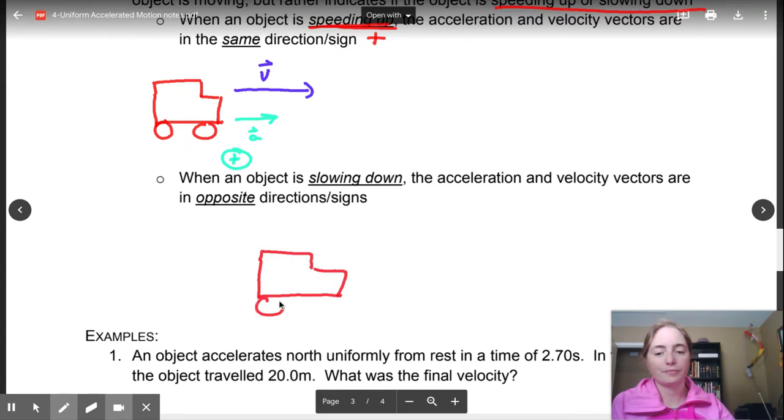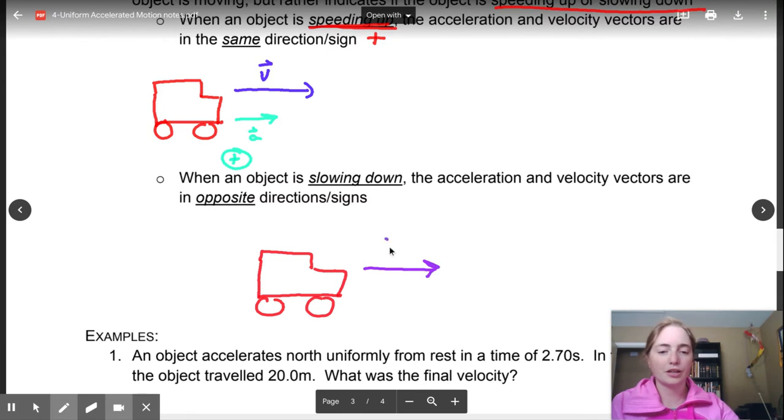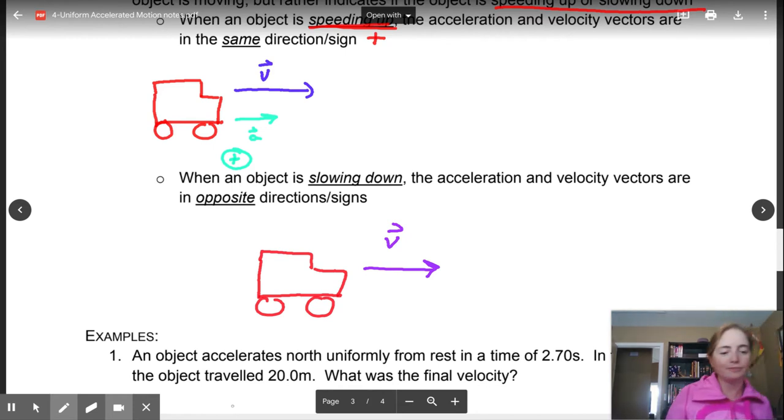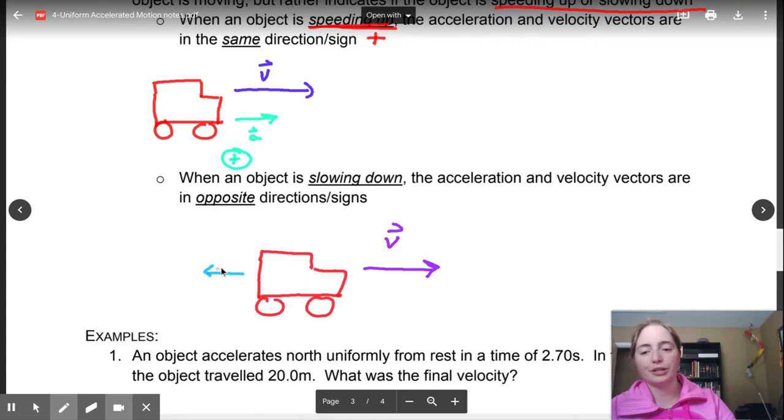You're motoring along. You're scooting down the highway. There's your velocity arrow, your vector arrow. You're going forward. You're driving. However, guess what? You see a deer on the road because this is northern Alberta. You slam on the brakes and you start slowing down.